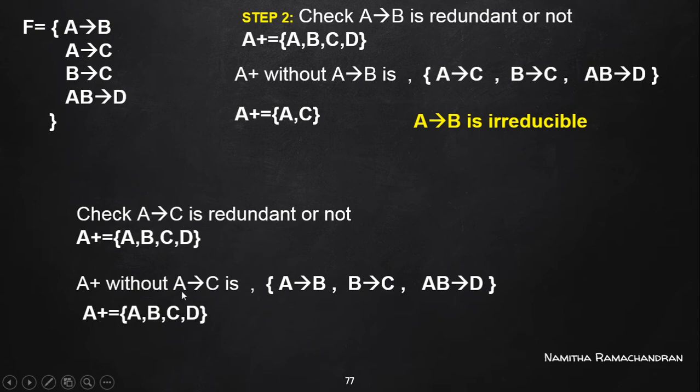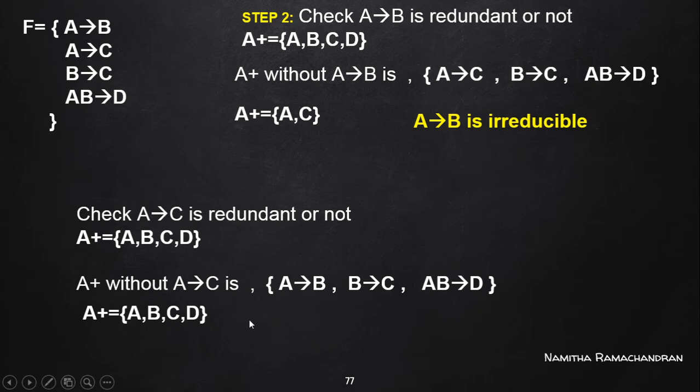After avoiding A implies C from the set F, the A closure becomes exactly equal to the earlier one. That means A implies C is redundant here. The presence or absence of A implies C does not make any change here.